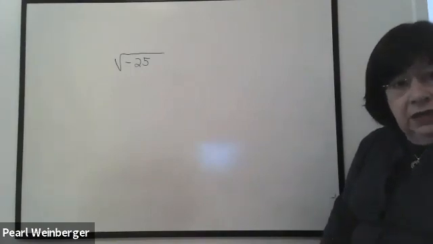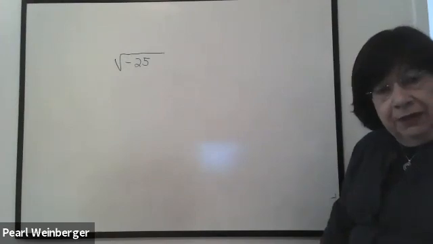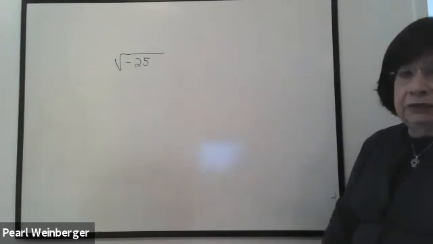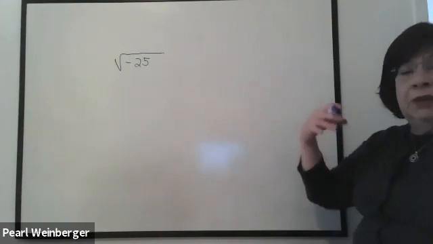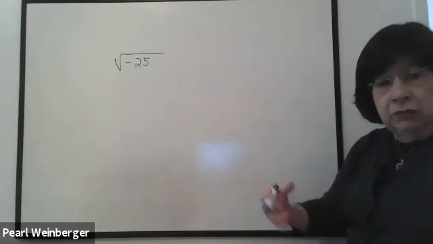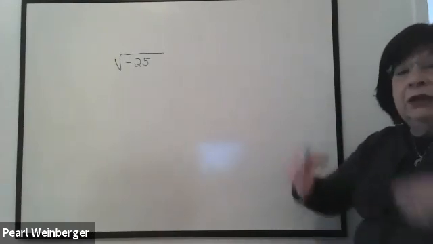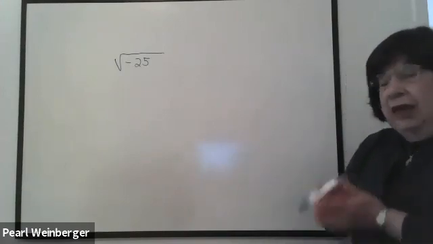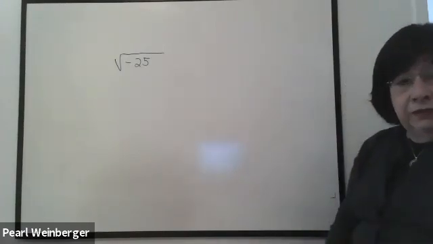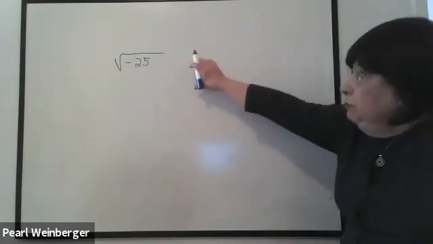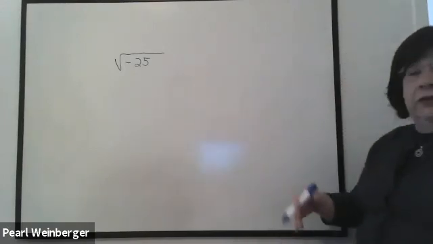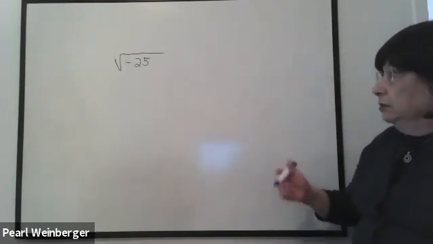And when I take a negative number multiplied by itself, it also gives me a positive. There's no time in the real number system where we could multiply a number by itself and end up with a negative number. So in the real number system, the square root of negative 25 doesn't exist.